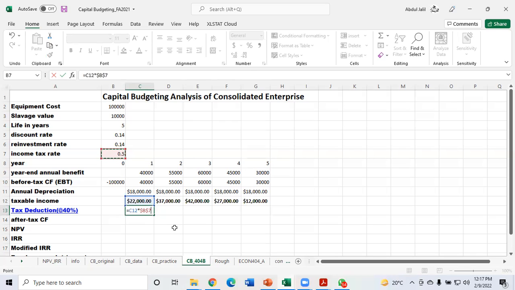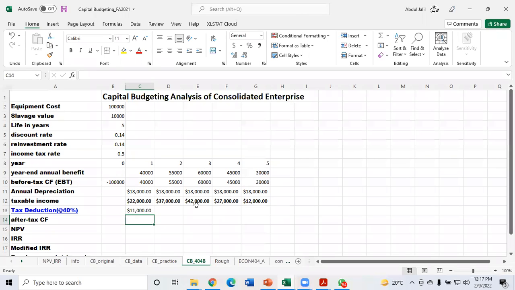Don't worry. First of all, I just mentioned that you have to find this taxable income after deducting depreciation, because no tax needs to be imposed on depreciation or replacement investment. This extra income, this 18,000 in this case, is not additional income you are going to earn. It is just replacing your original investment, equipment, machines and tools.